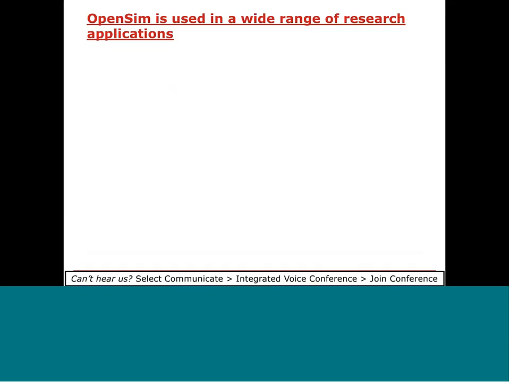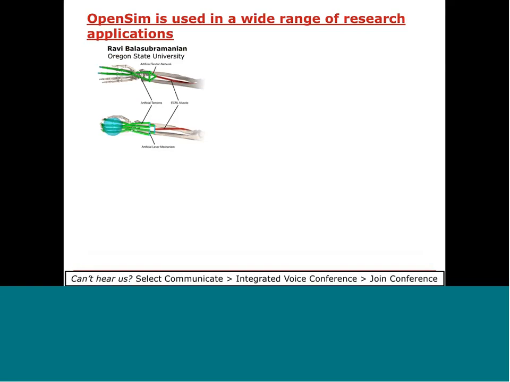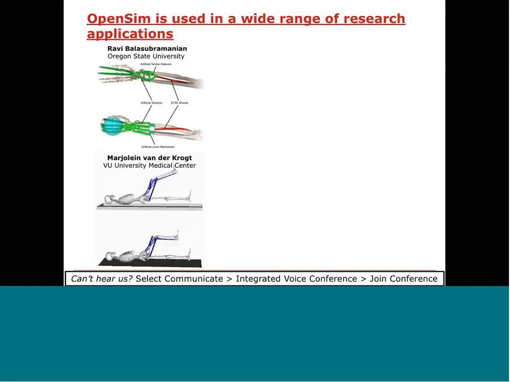And this research community is diverse. So this slide will show a few exciting examples of how OpenSim is being used. Ravi Balasubramanian of Oregon State University is using the software to model the effects of artificial tendon networks and simulate how they affect hand motion after a tendon transfer.